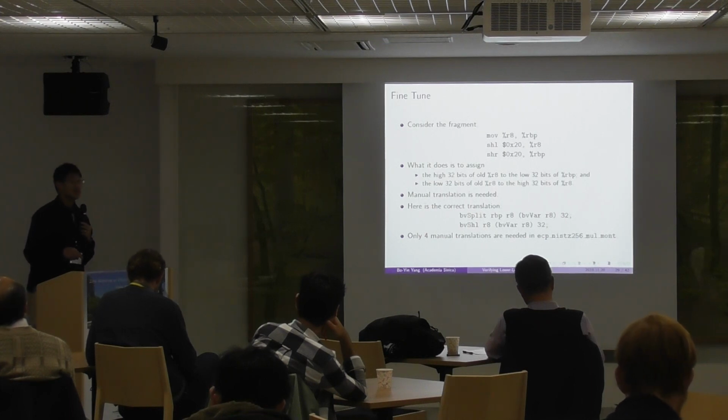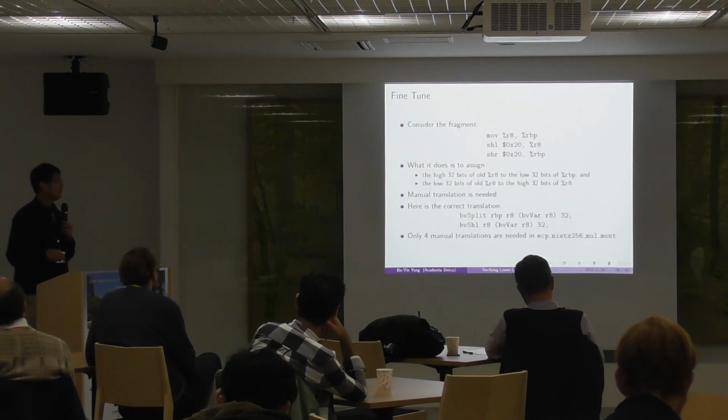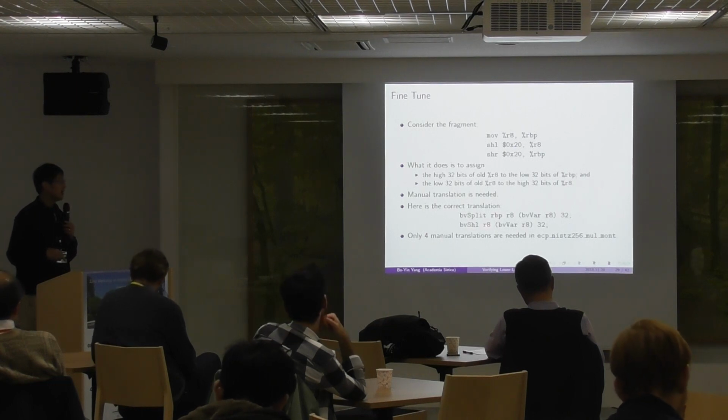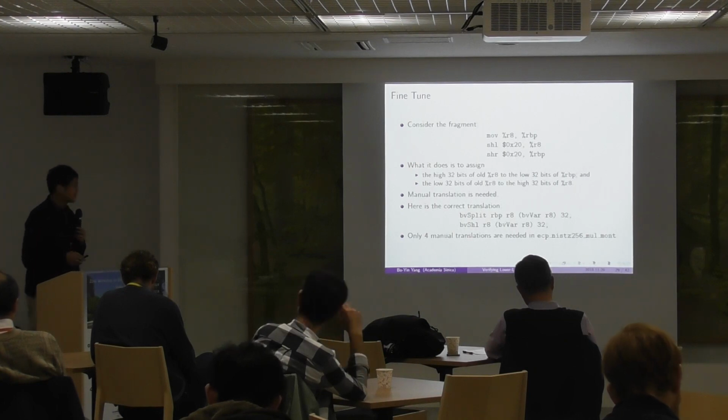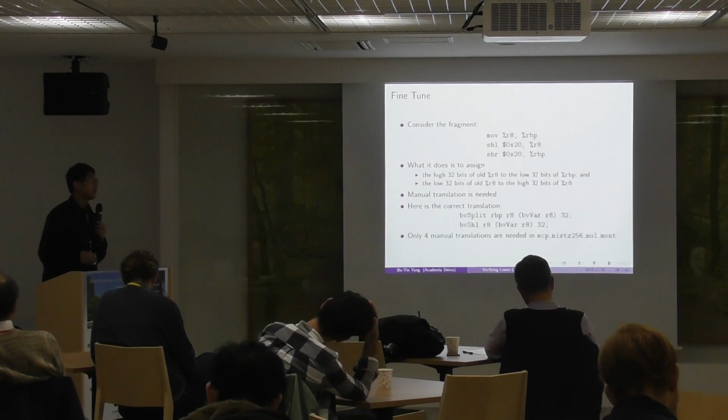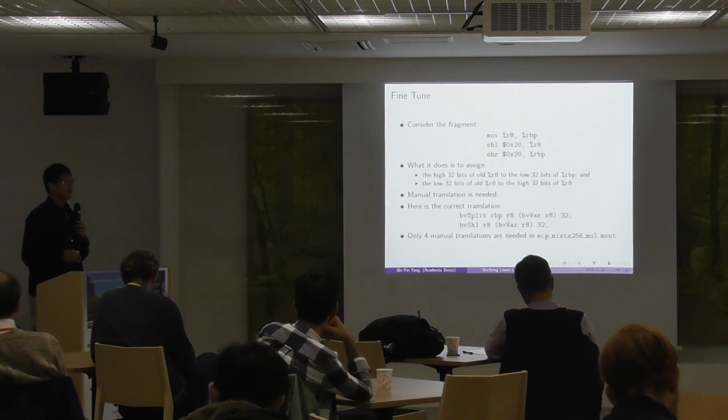So we need to translate this one manually, and this is the correct translation. We split the variable R8 into two 32-bit chunks, RBP and R8, and we shift R8 left by 32 bits and call the result the new R8. That's the correct translation here, and that's what we used in the actual Montgomery multiplication.